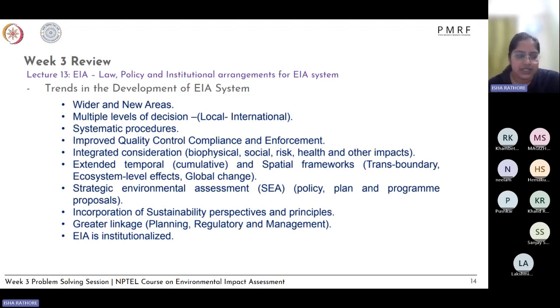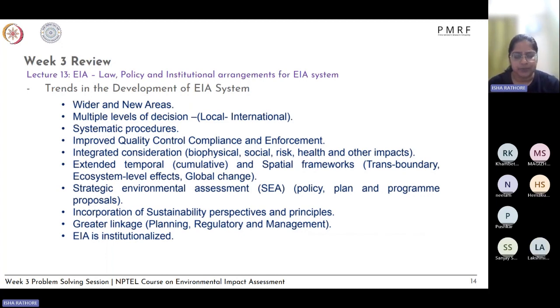Then we have incorporation of sustainability perspectives and principles, and there's a greater linkage between planning, regulatory, and management frameworks, and how EIA has been institutionalized in all of these different countries in which EIA is being done. So there's a proper procedure and submission requirements and things which need to be submitted. So it's been institutionalized, and different agencies and organizations are associated at different levels when an EIA study is being done and approved.